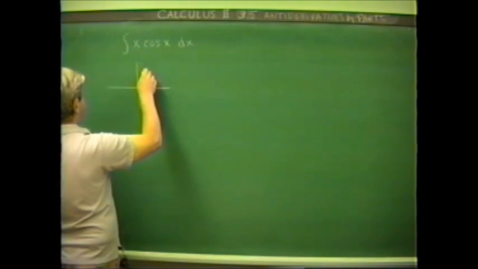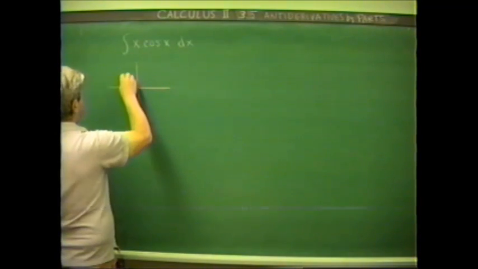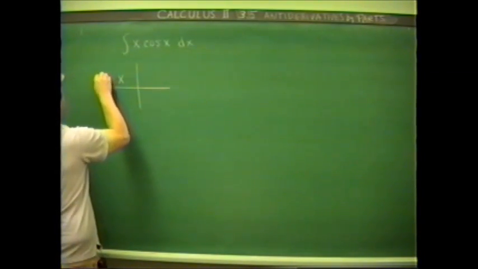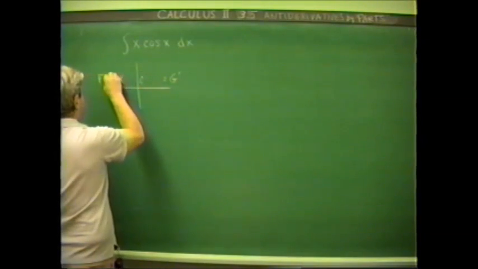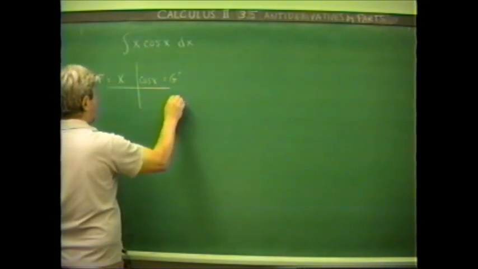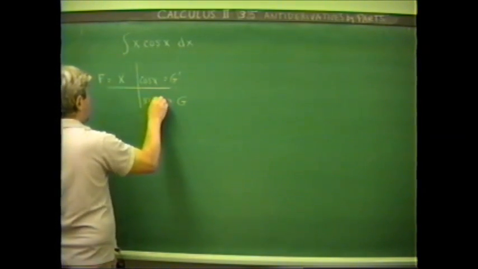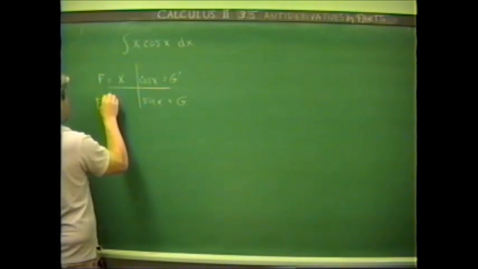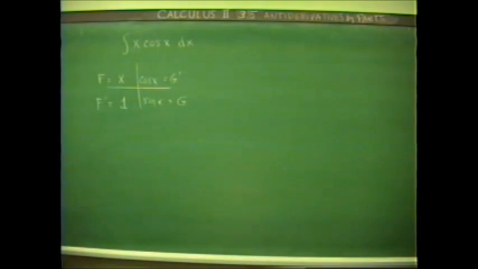In this case here, if we let f of x be equal to x, and g prime be cosine x, then g is sine x, and f prime is 1, and we can see that we can anti-differentiate the bottom line here.